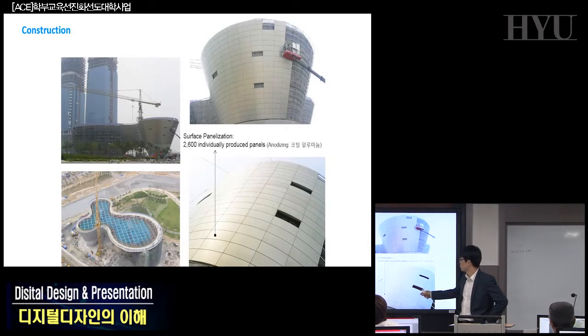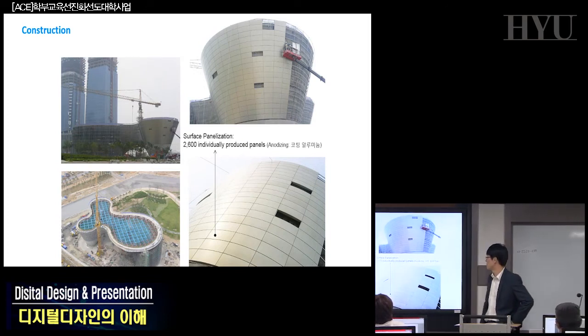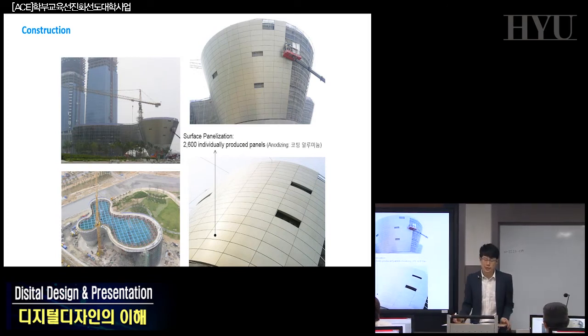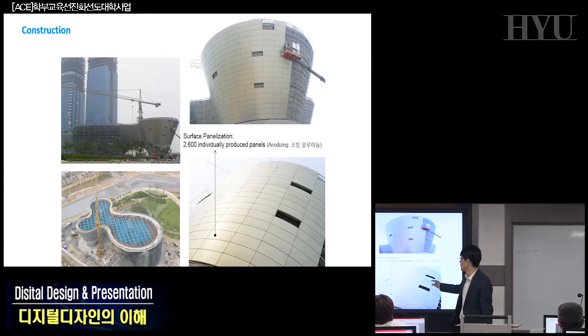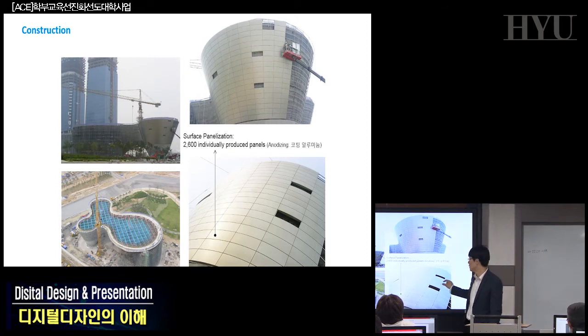As you see here, a total of 2,600 individually produced anodized aluminum panels covered the building skin. So how to panelize this one in the design stage? Designers already knew how many panels were needed, and one by one, they have different shapes, differently manufactured, okay?